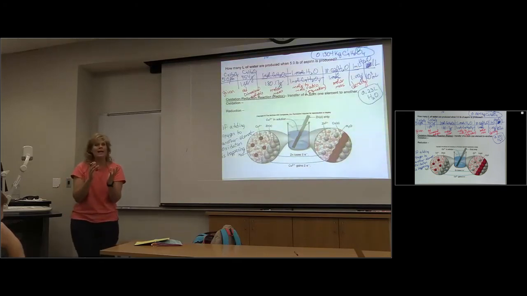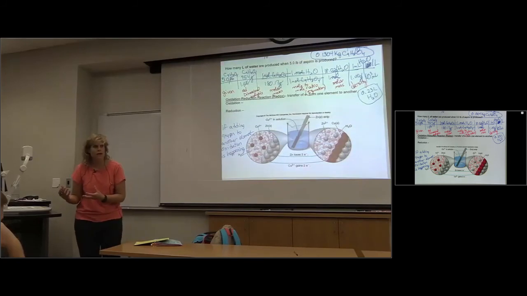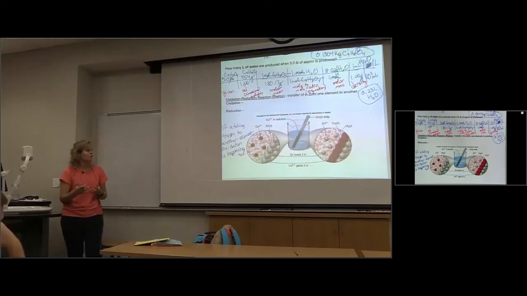So, iron oxide, I believe it's iron 2 oxide, is commonly called rust. What does that tell you that happened to the iron? It oxidized. You follow? Okay? Don't make that part hard.